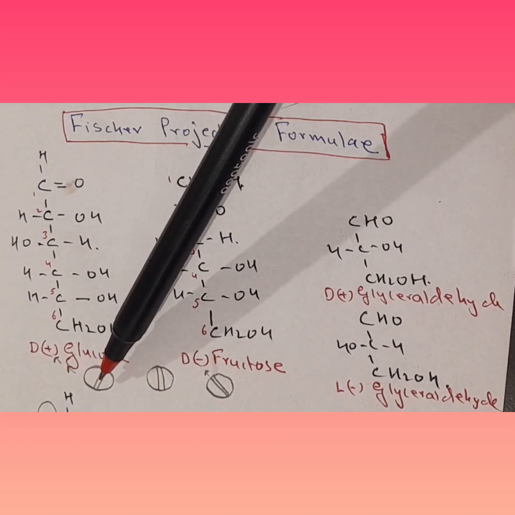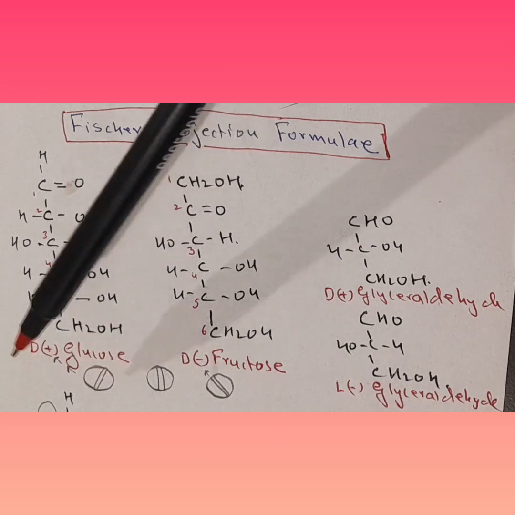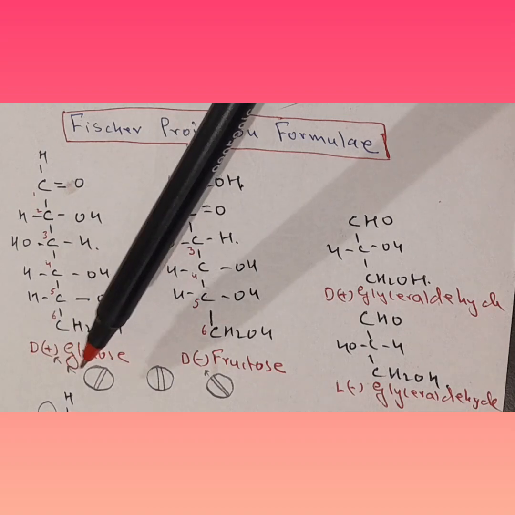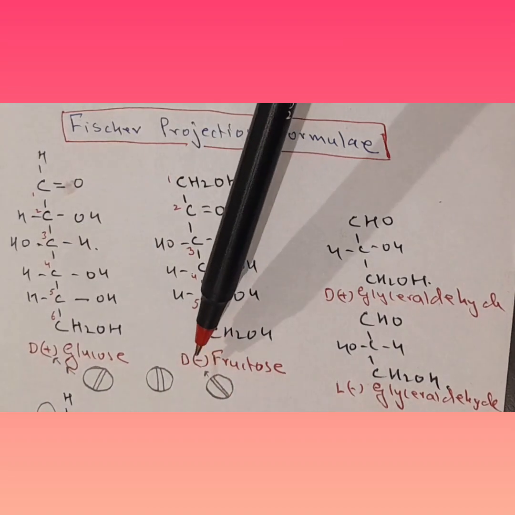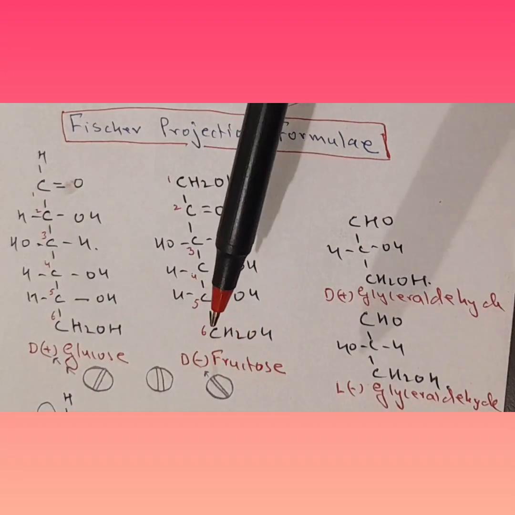And when it does so, we call it a dextrorotatory chiral compound or plus chiral compound. So this is how we represent negative and positive with the help of a polarimeter.